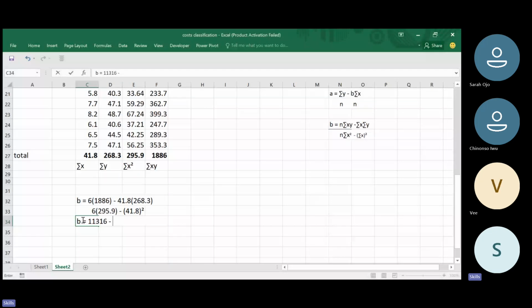Then minus 41.8 times 268.3, which gives us 11,214.94.